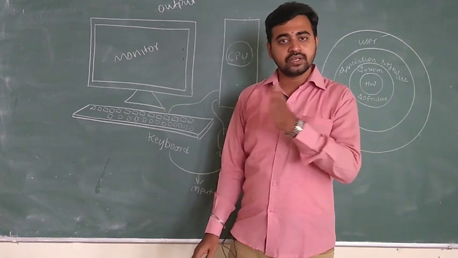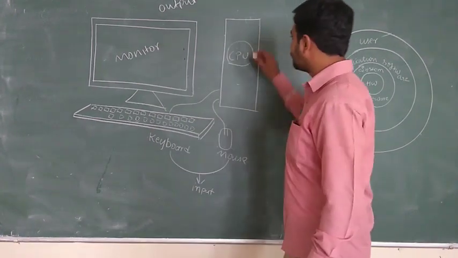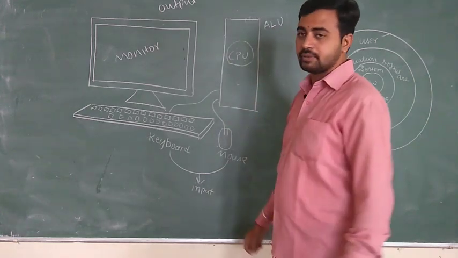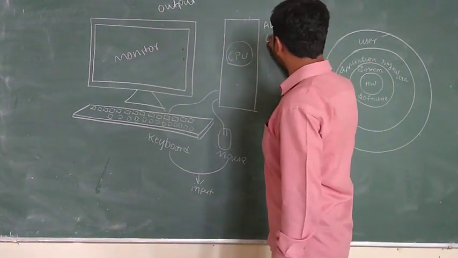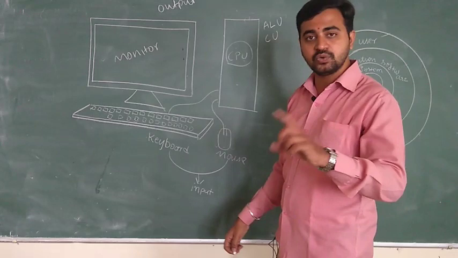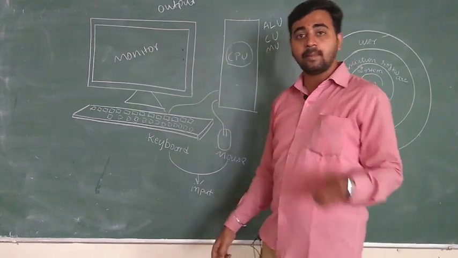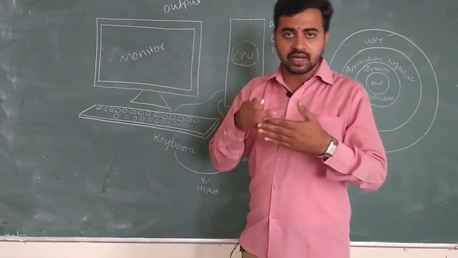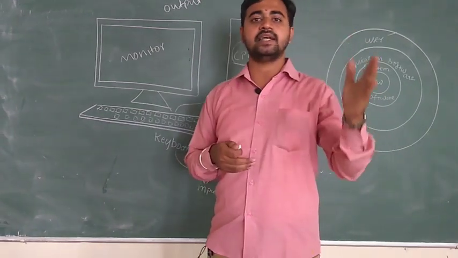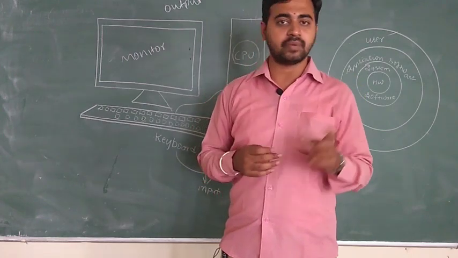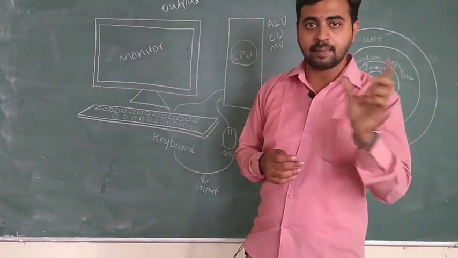Central Processing Unit. It has other sections like ALU, Arithmetic and Logic Unit. Again, we have a control unit, CU. Again, we have MU, which stands for memory unit. In memory we have several subdivisions like secondary memory and primary memory. In secondary memory we have a hard disk, and in primary memory we have RAM and ROM.